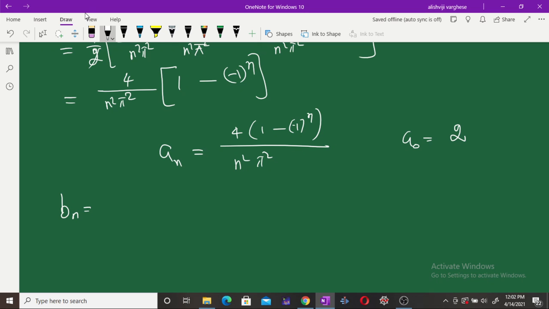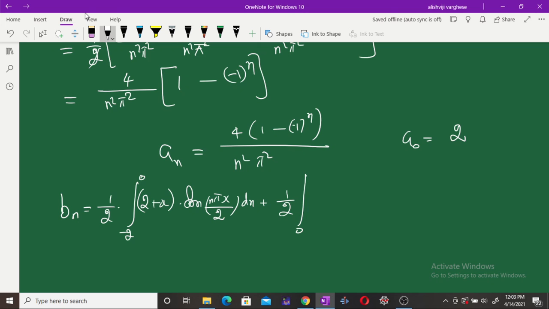Bn is equal to, by formula, 1 by L, 1 by 2 into the integral minus 2 to 0 of 2 plus x into sine n pi x by L dx, plus 1 by 2 into the integral 0 to 2 of 2 minus x into sine n pi x by L dx.